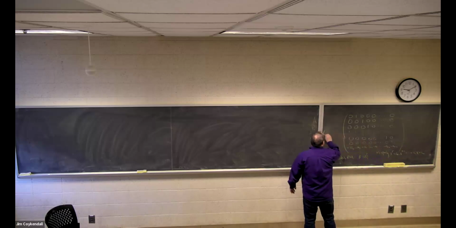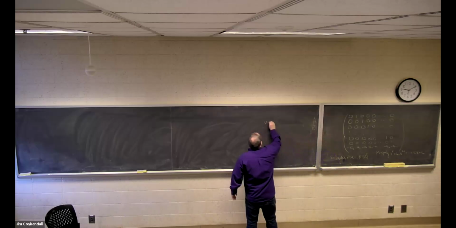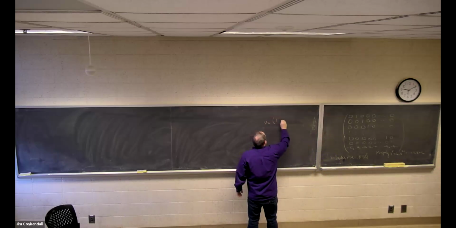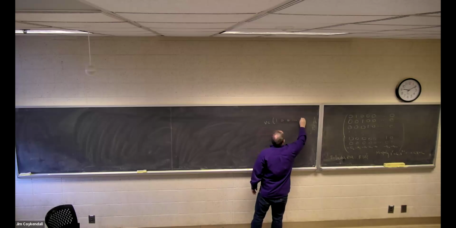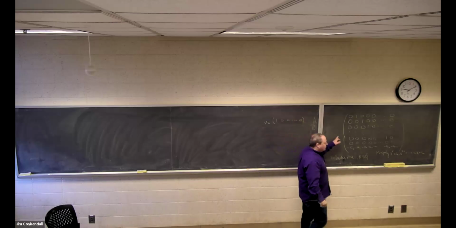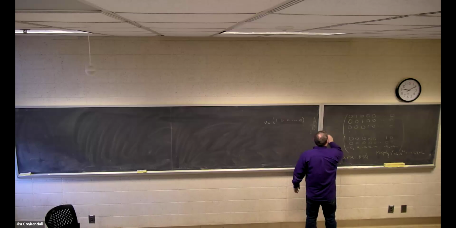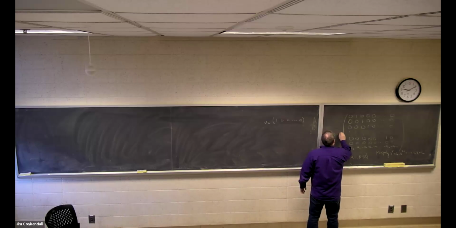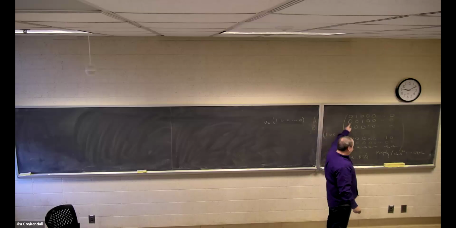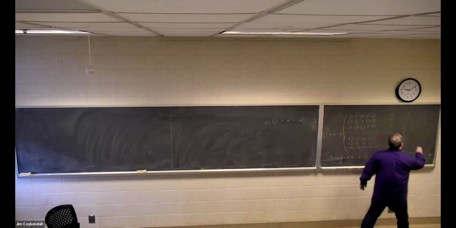But I want to demonstrate, if we let V, what happens when I apply this matrix to V? Well, first row, first column, I get 0.